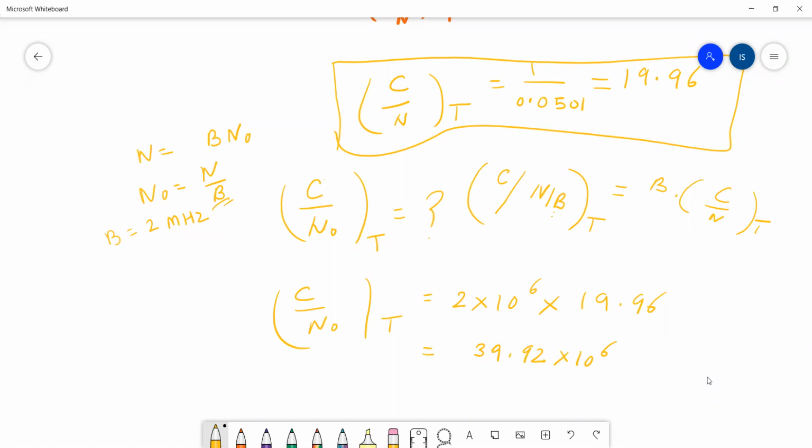Then we can convert it into dB: 10 log base 10 of 39.92 into 10 to the power 6, which is around 76 dB hertz. Okay, if you have any doubt in this, you can ask.